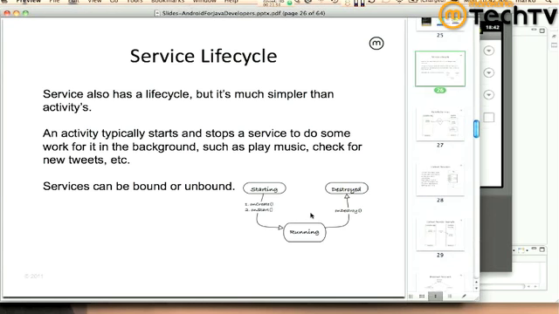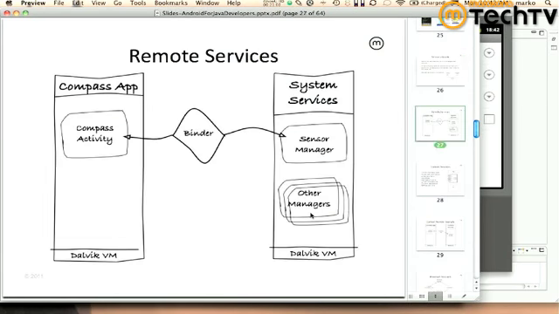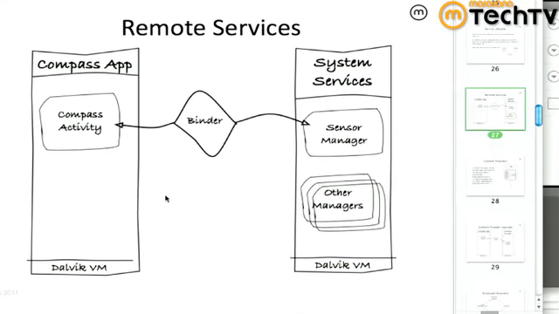So this was the example of an unbound service, a service that has a mind of its own. This would be an example of a bound service, which I'm going to talk about tomorrow in the internals presentation. This is where we are using something called a binder, and something called AIDL to make an interprocess IPC call from one process to another.